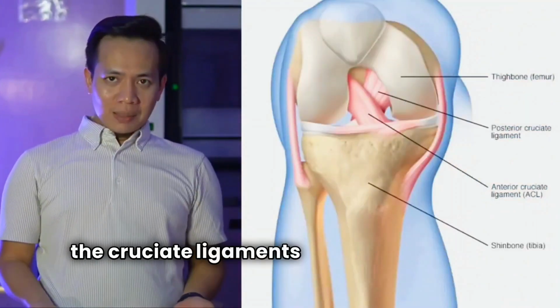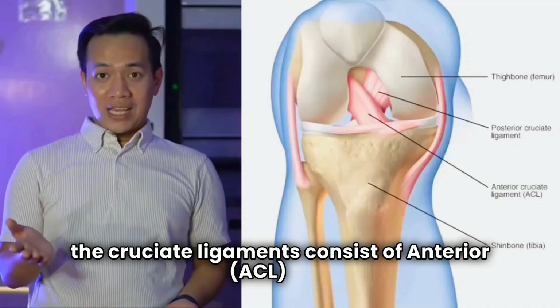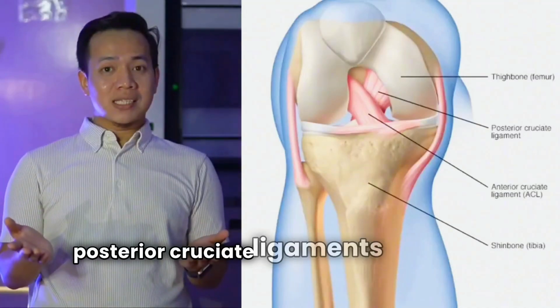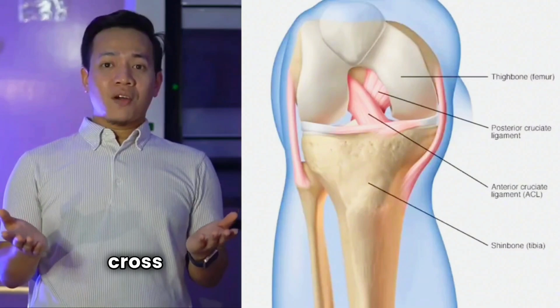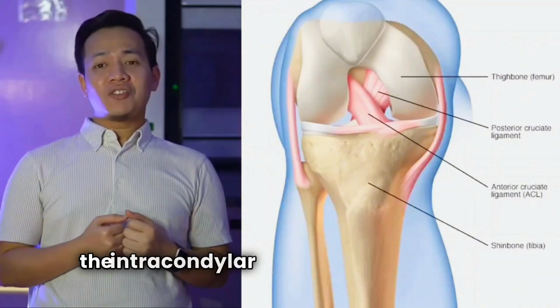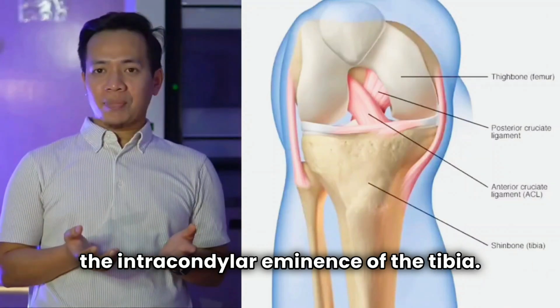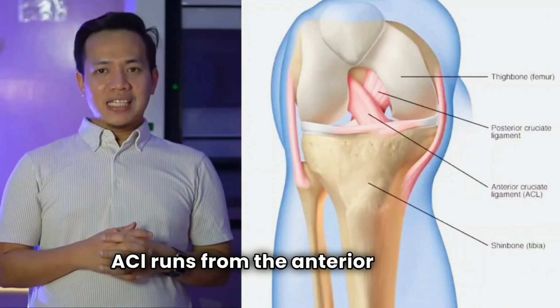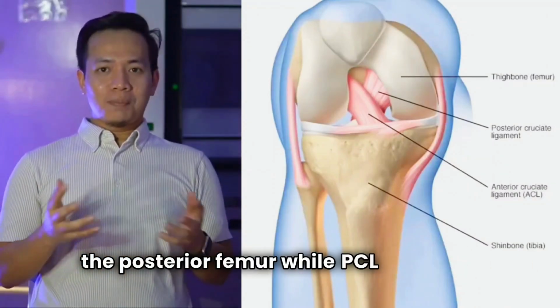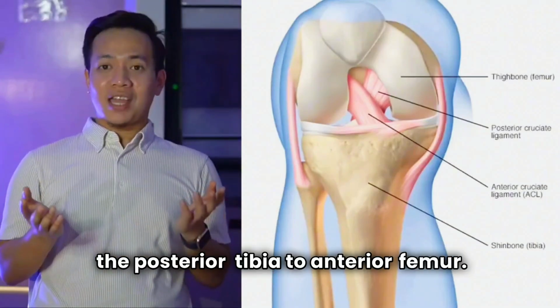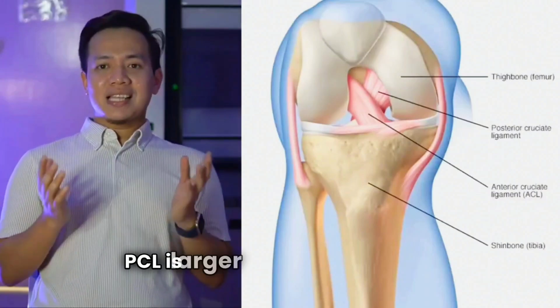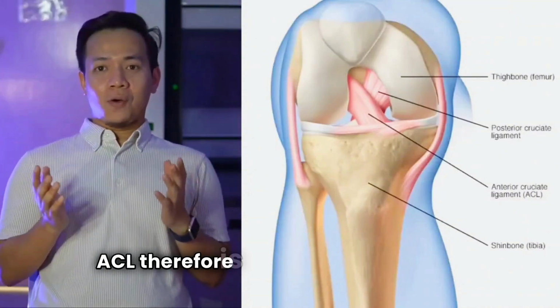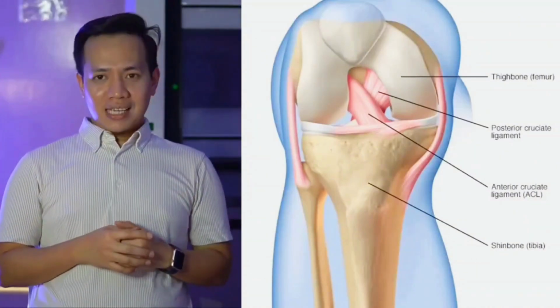The cruciate ligaments consist of anterior or ACL and posterior cruciate ligaments or PCL, which cross each other as they attach to the intercondylar eminence of the tibia. ACL runs from the anterior tibia to the posterior femur, while PCL runs from the posterior tibia to the anterior femur. PCL is larger and stronger than ACL, therefore it is a less common injury than ACL.